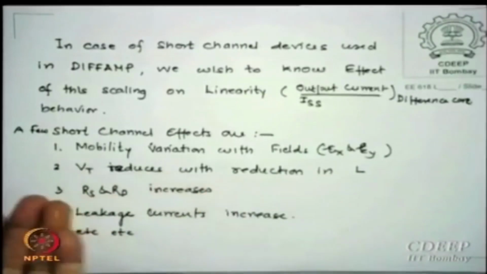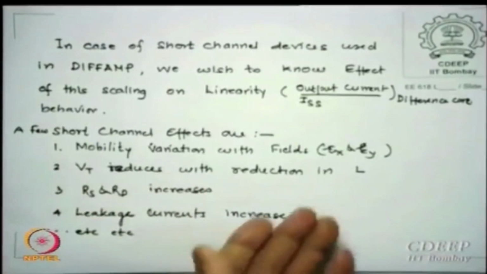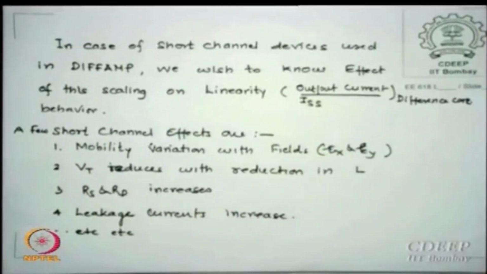Of course there are variations in mobilities because mobility becomes a function of fields both Ex and Ey. So gradual channel approximation is no more valid. Depletion approximation is also a pseudo approximation. Vt reduces with reduction in channel lengths. Please remember, for higher channel length Vt is nearly constant, as channel length goes down Vt keeps falling.